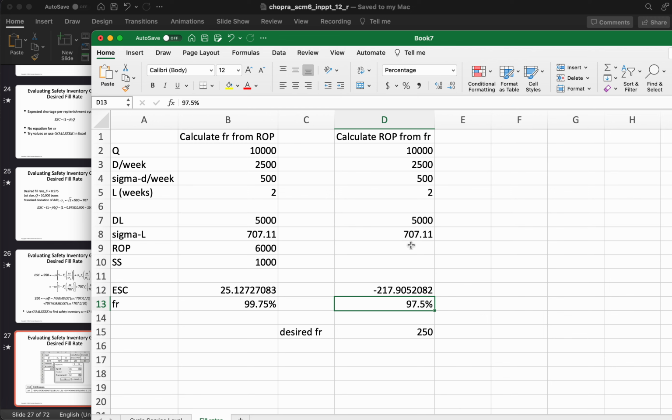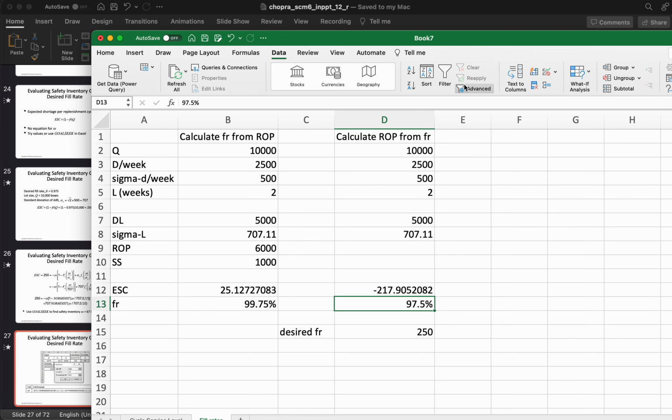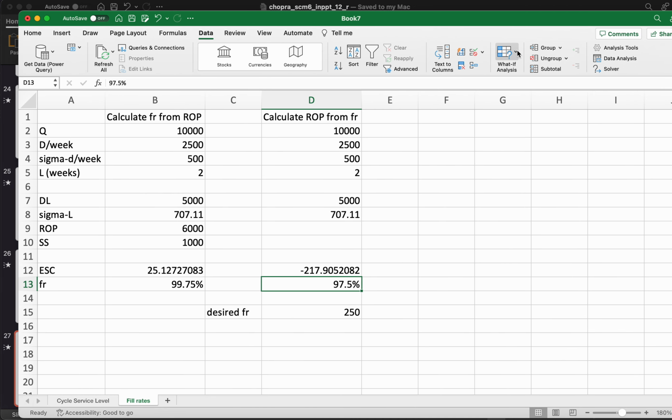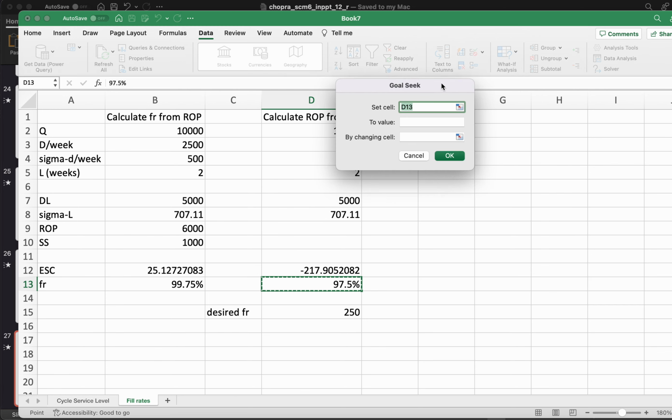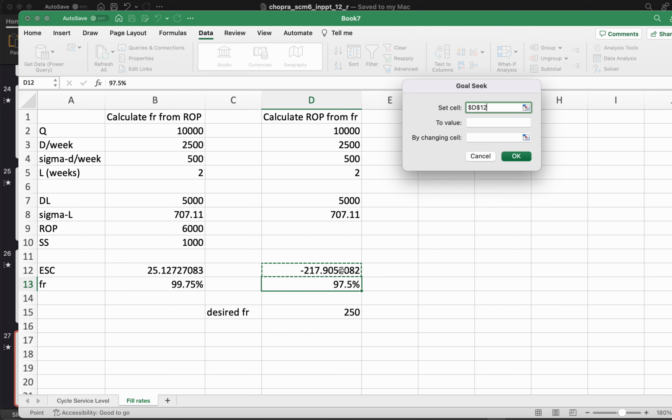So I'm going to go to Data, and I think it's What-If Analysis, Goal Seek, right? We want the value of this cell to be equal to 250. So we want the expected shortage to be exactly equal to 250, right?